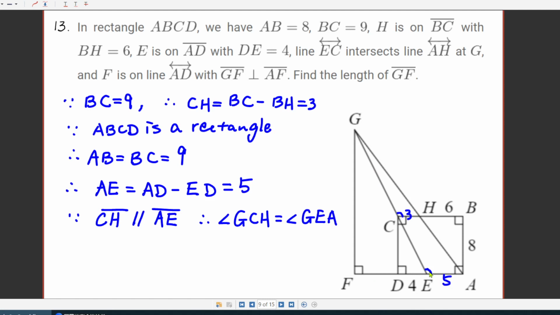GEA is here. And also angle GHC equals angle GAE. This angle here and this angle here. And therefore we know triangle GCH must be similar to triangle GEA, right?